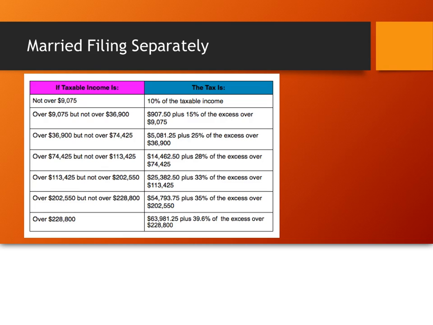And single people always have to file individually. However, married couples have a choice. They can either file jointly or separately. Okay, we'll talk about filing jointly later, but let's just say instead of being a single person, let's say I'm married and I want to file my own taxes.